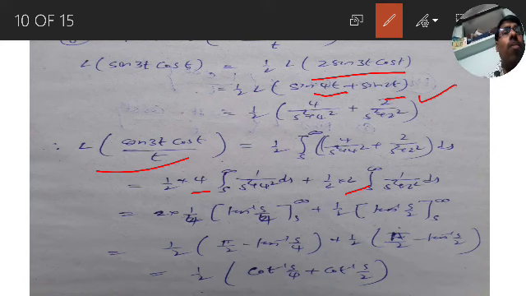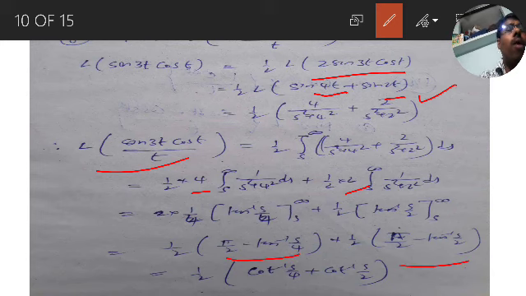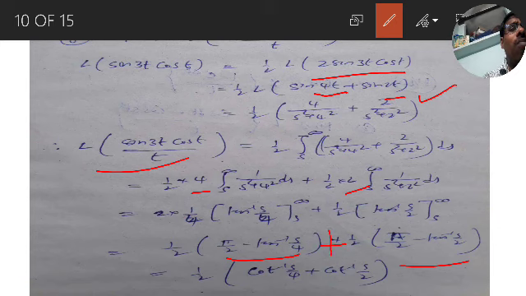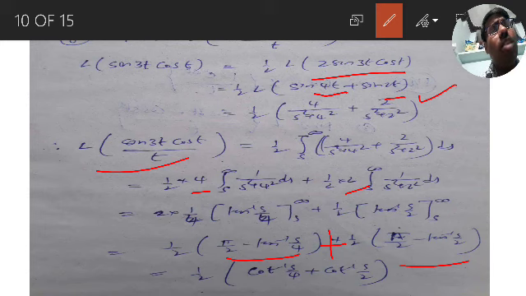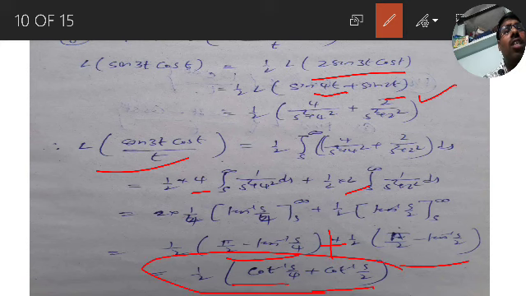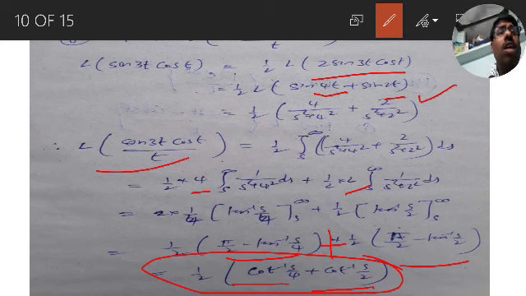Apply upper limit minus lower limit: pi by 2 minus tan inverse s by 4 and pi by 2 minus tan inverse s by 2. In the previous question it was minus, but here we have plus. So pi by 2 minus tan inverse is cot inverse. So the final answer is 1 by 2 into cot inverse of s by 4 plus cot inverse of s by 2.